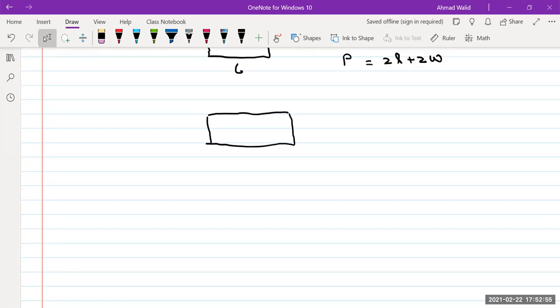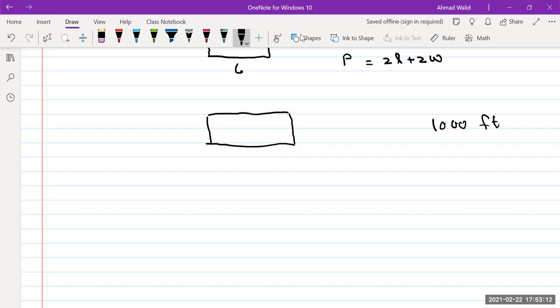You want to put some fence around your backyard. Let's say you have 1,000 feet of fence.